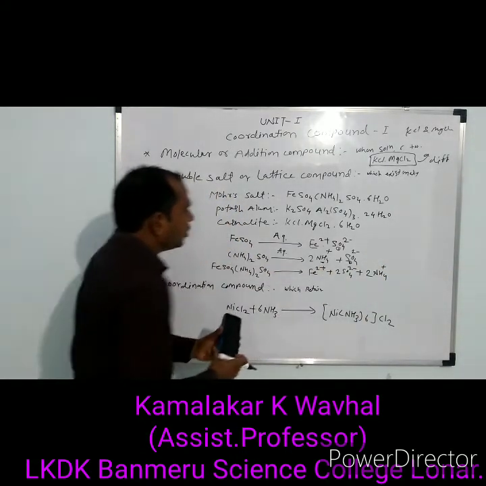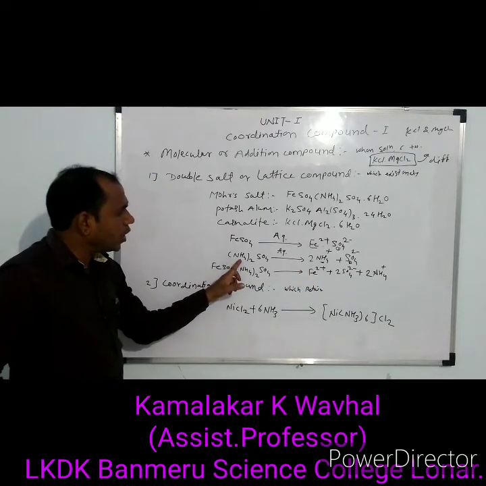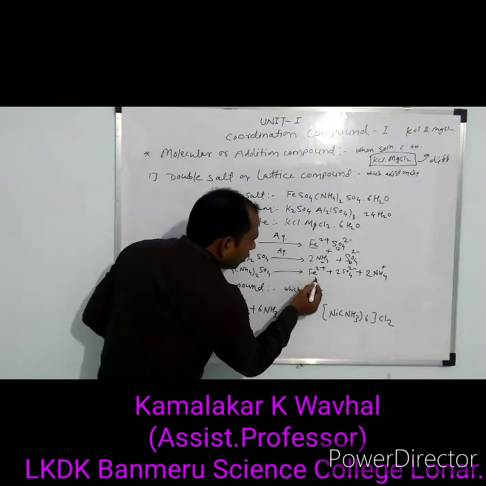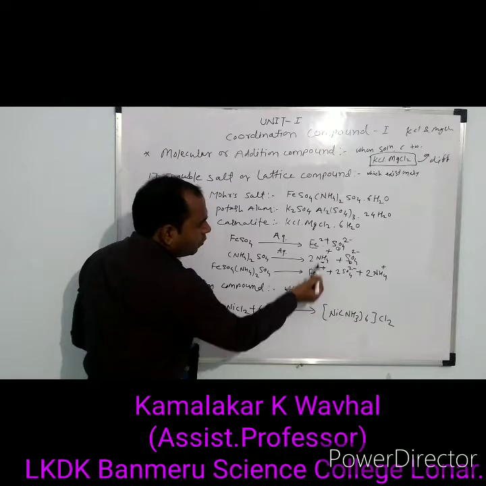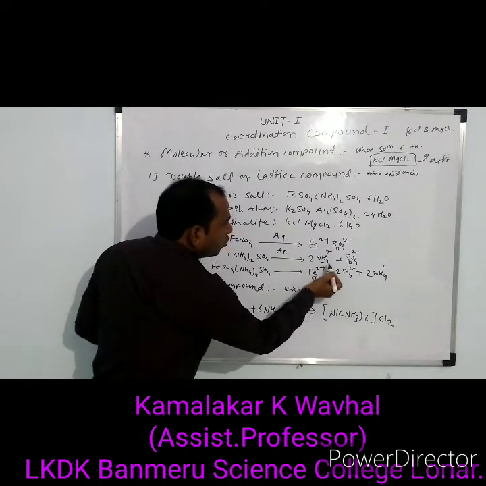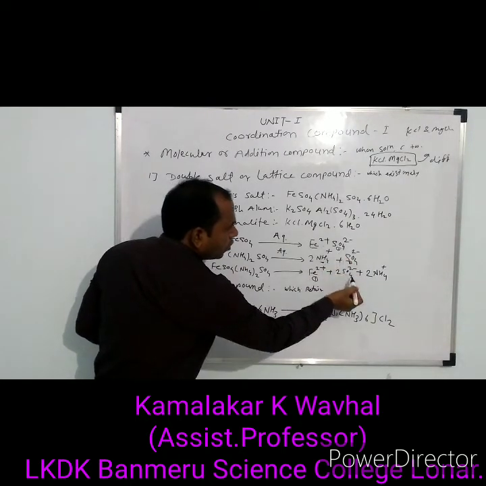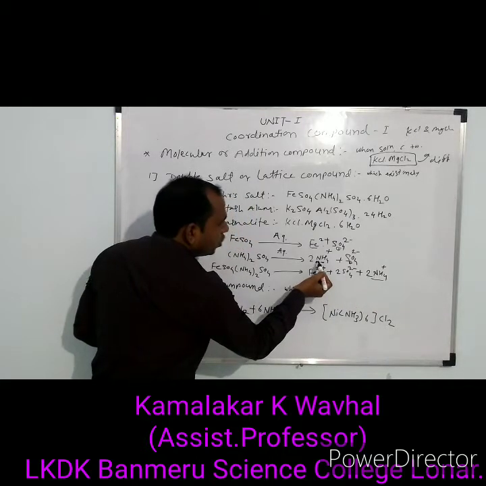Here is the comparison with the ionization of FeSO4 and ammonium sulfate. See here, one Fe2+, the same here. Then 2 SO4, one here is SO4 and another here is SO4. Then 2 NH4+, the same here.